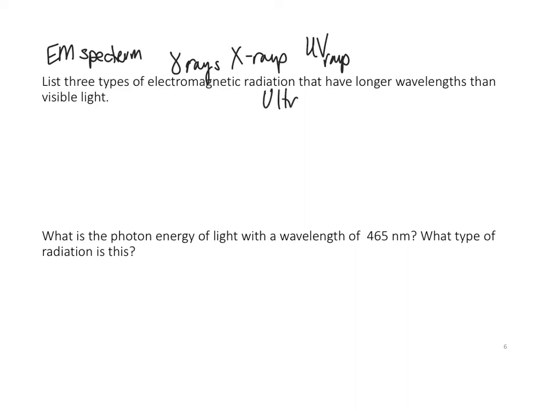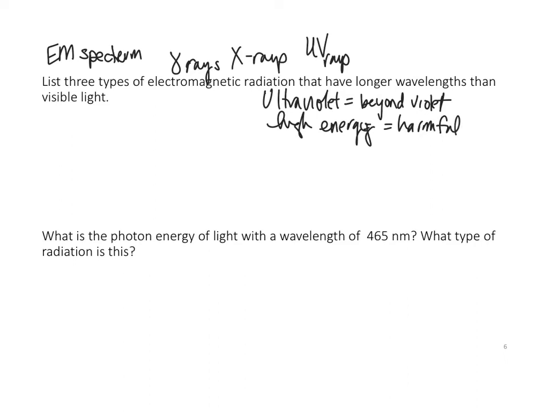What does ultraviolet mean? It means beyond violet. And you all know that that's high energy rays, right? These are high energy. That means high energy is harmful. So you probably put sunscreen on to protect your skin from the UV. That's beyond violet. So then you have visible, and you have Roy G. Biv.